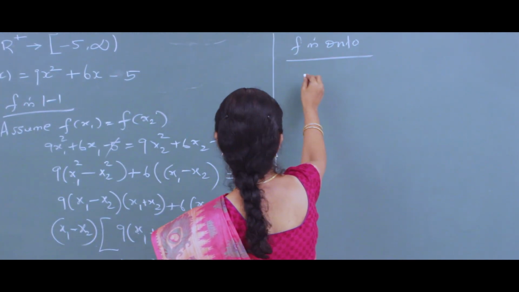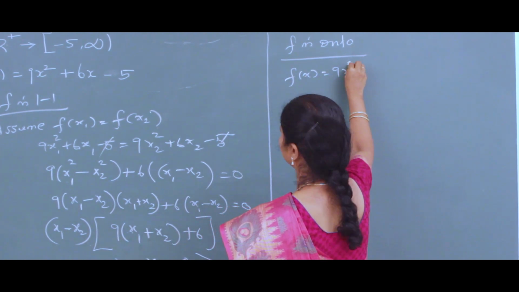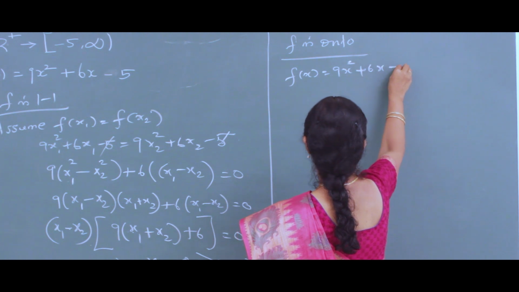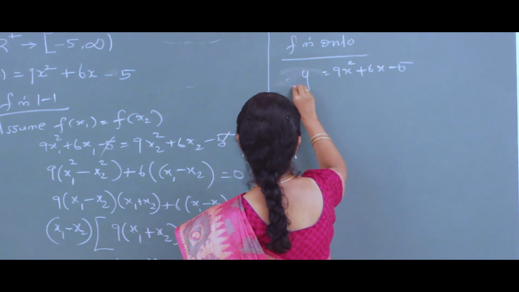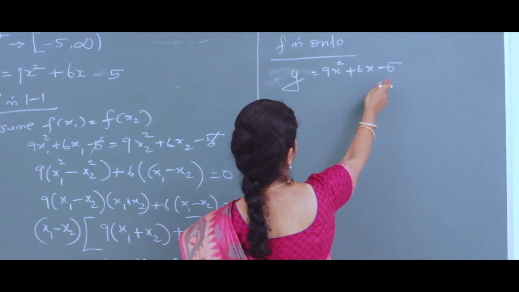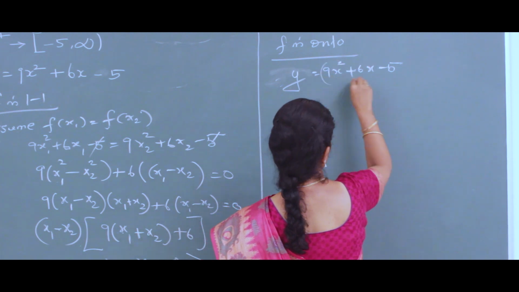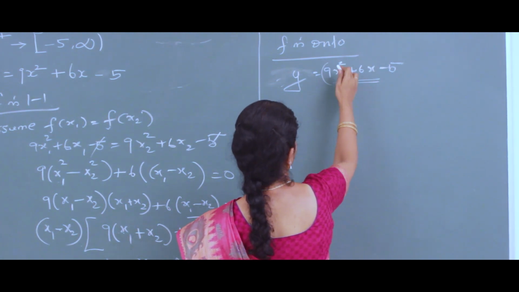So the given function is f of x equal to 9x square plus 6x minus 5. Replace f of x with y, so y is equal to 9x square plus 6x minus 5. In this, we can consider a perfect square, because this is 9x square.